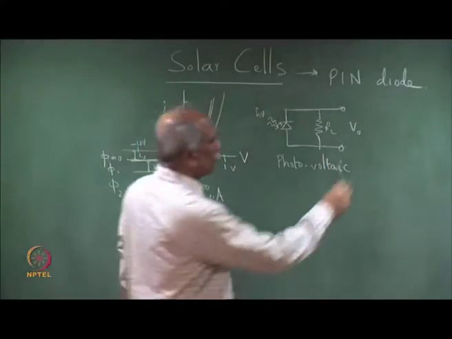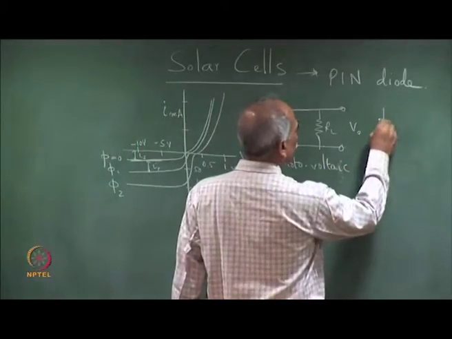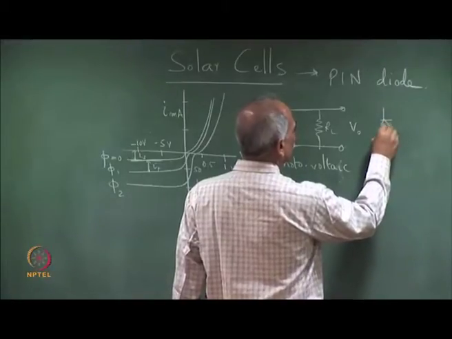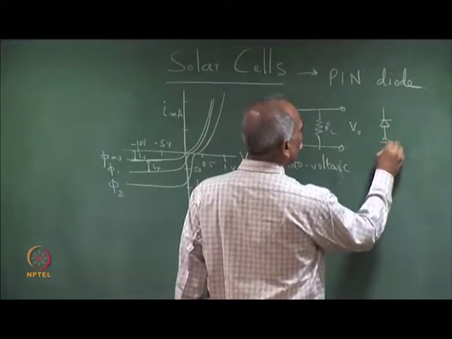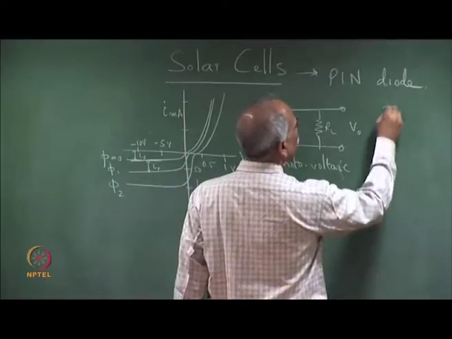The photoconductive mode, on the other hand, had a reverse bias which we had applied. So, this was V b.